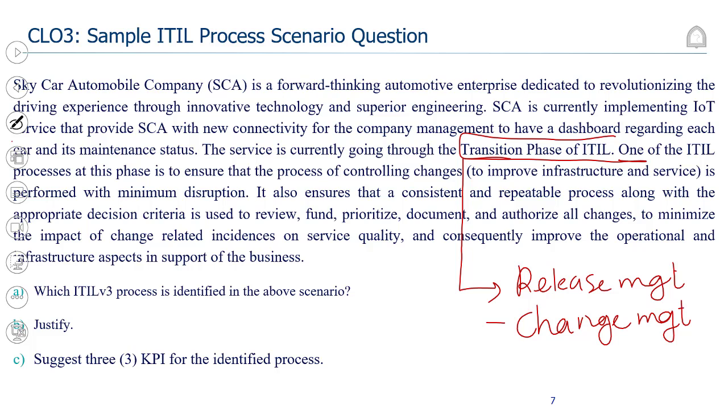One of the processes in this phase is to ensure that the process of controlling changes to minimize impact is followed. It also ensures that a consistent and repeatable process is used to review, prioritize, document, and authorize all changes. Okay, so you can see we're talking about authorization of changes. So definitely it is change management. So that will be change management.